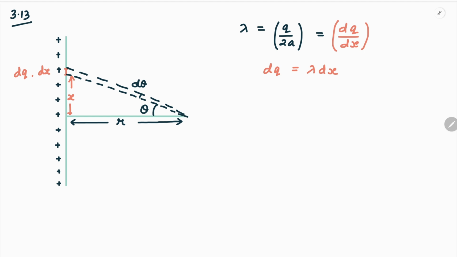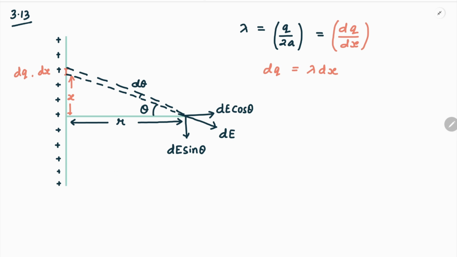So the electric field due to this charge dq will be dE, and we will have two components of the field. One will be dE cos theta and the other will be dE sin theta. The sin theta component will nullify itself because of the electric field produced by the charges on the lower side of the wire.